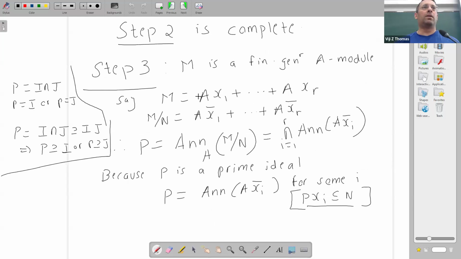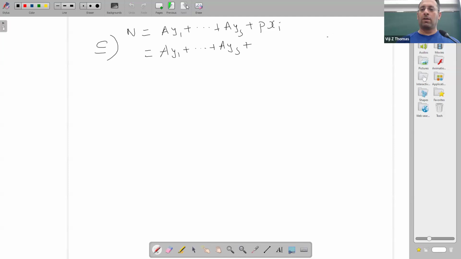Xi was in M. Okay, good. So P xi is contained in Pm. Do you agree? Xi was contained in M, so P xi is contained in Pm.